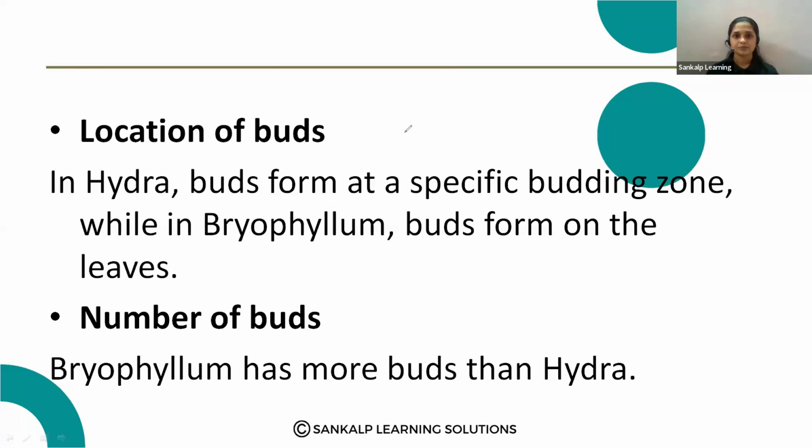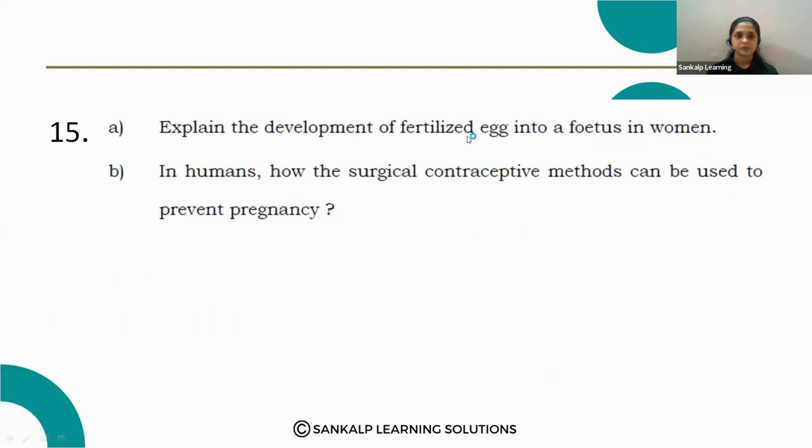Okay, next question. Explain the development of the fertilized egg into a fetus in a woman. B. In humans, how can surgical contraceptive methods be used to prevent pregnancy? How does the development of the fertilized egg take place inside the woman's body?